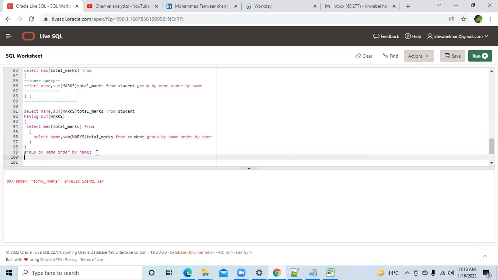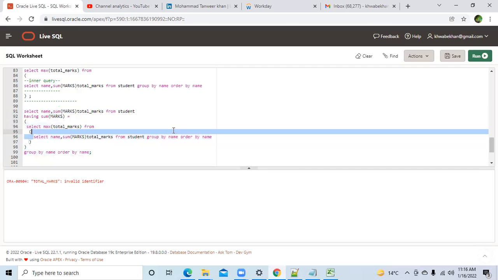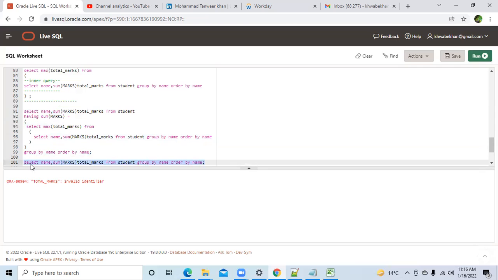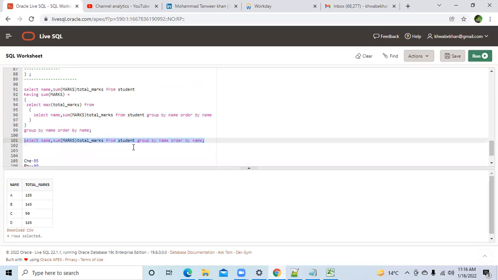Okay, now coming to the question which Akshay has asked. Suppose this is the one. I'm assuming that with the previous query you have all understood, so I'm proceeding. This is the total marks.